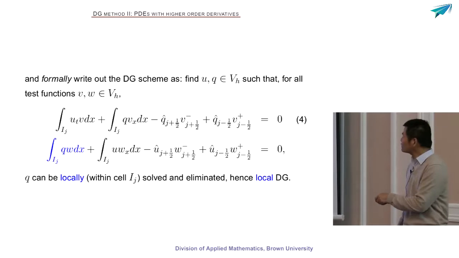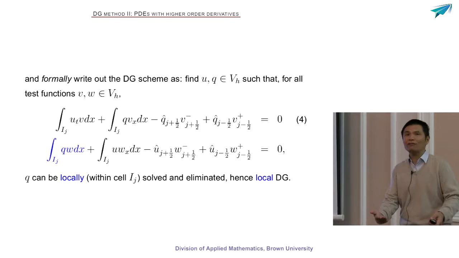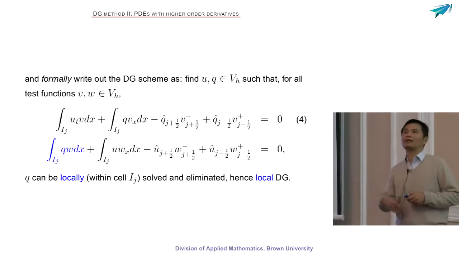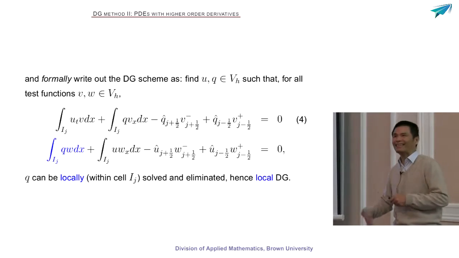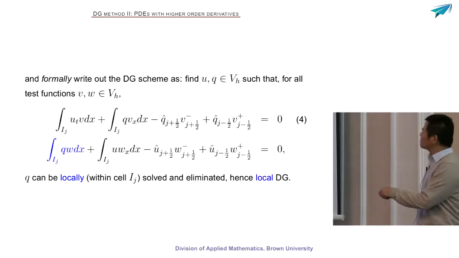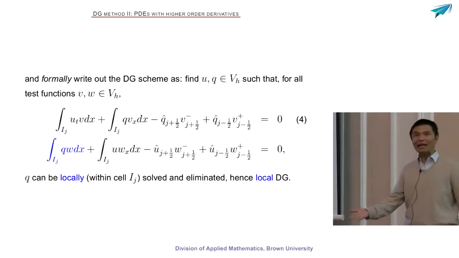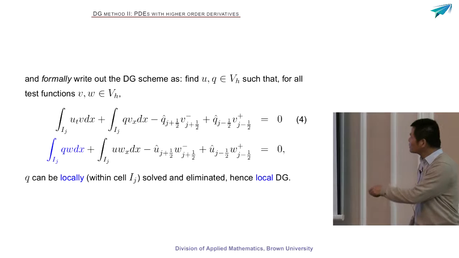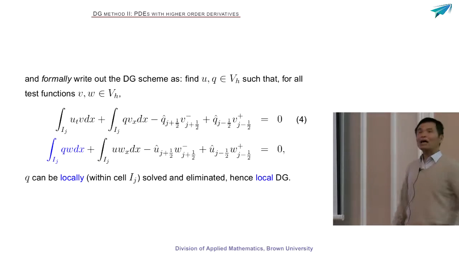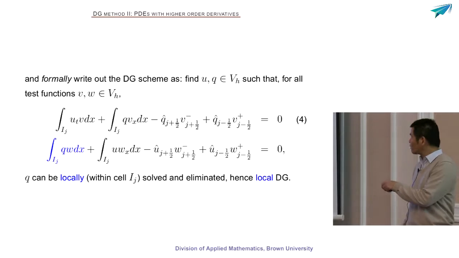And the second equation, of course, you don't have q_t, so that's the only difference between a hyperbolic equation and this one. But this part is identical, because this part is u_x, which again looks hyperbolic. So you can write down the DG scheme at least formally this way. And of course, when you write it this way, you still face the issue of how to choose numerical fluxes, the ones with the hat.